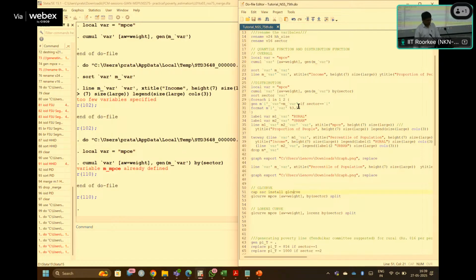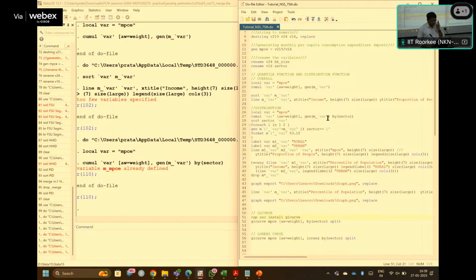We call that a global variable. If you define something global, Stata remembers it, so every time you recall it using a dollar sign, Stata will remember that. But if it is local, it only remembers as long as you are running it together. Otherwise, Stata just doesn't remember that.